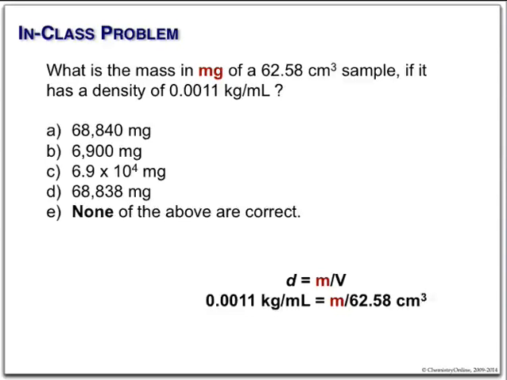So we can just take this, rearrange it, solve it for mass, and we get our mass now in terms of kilograms. So that's the easy part. Very simple little mathematical exercise. Unfortunately, we want this thing expressed in terms of milligrams, not kilograms.